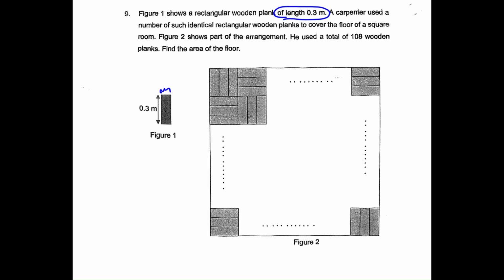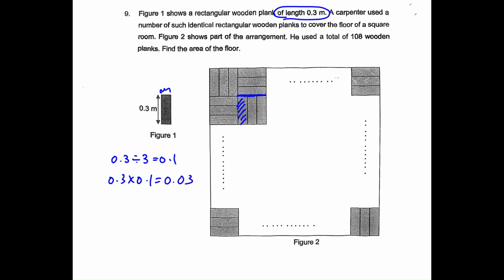So this arrangement tells us that actually 3 of the breadth forms one length. So in order to find one breadth, we just need to use 0.3 divided by 3. That gives you 0.1.